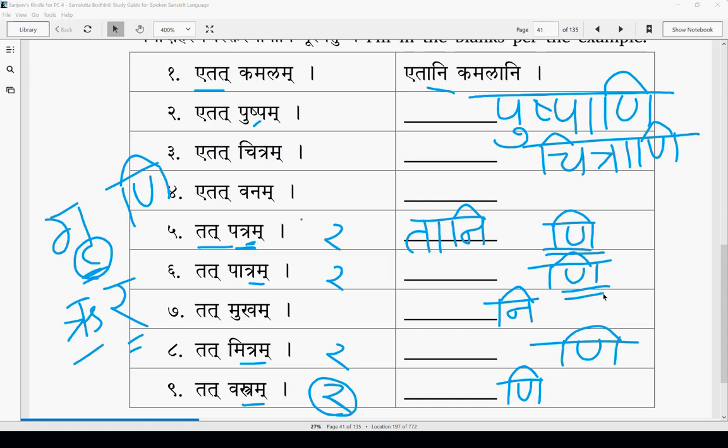Also there is sha here. So these three, sha, sha, ra, also change to na: pushpani. Otherwise, it doesn't change to na: just kamalani, vanani, etc.